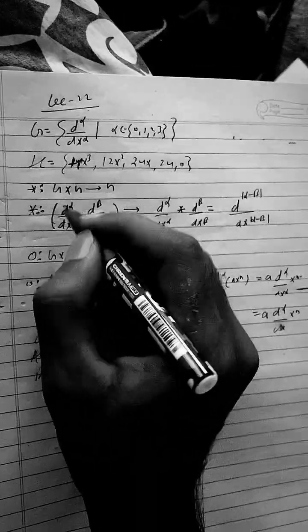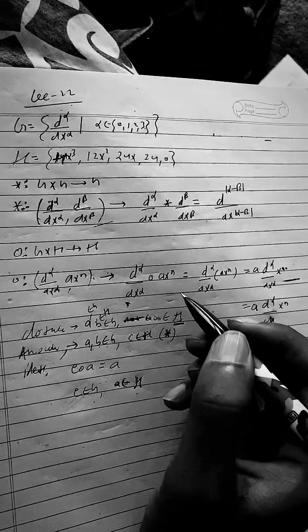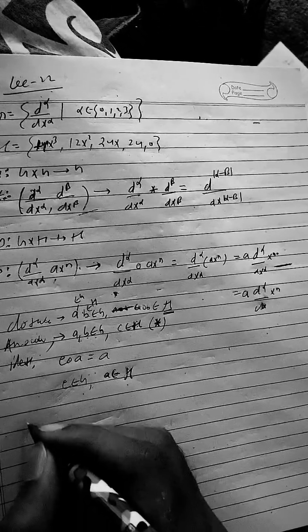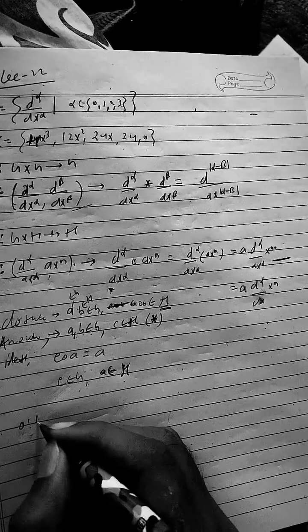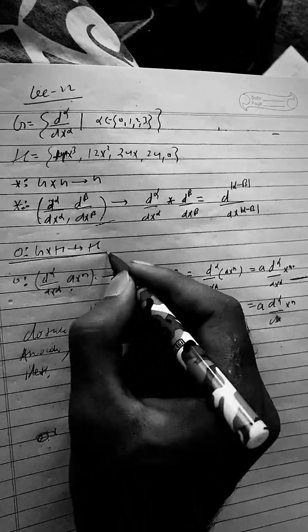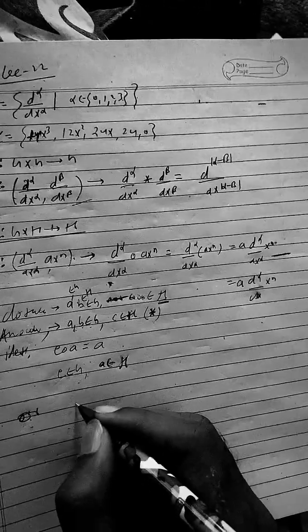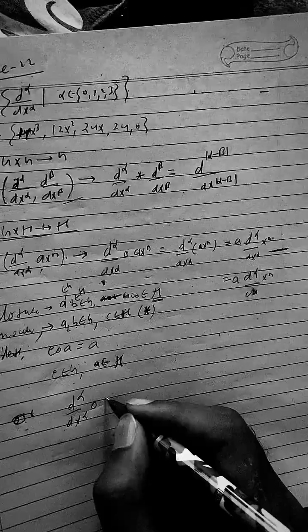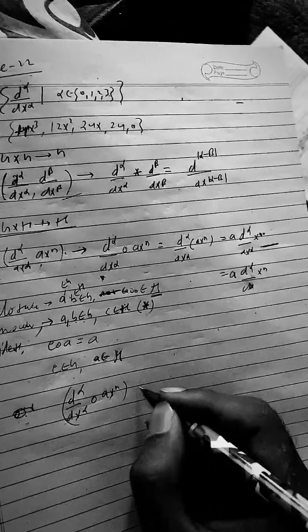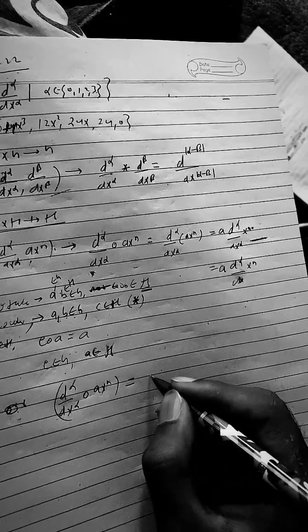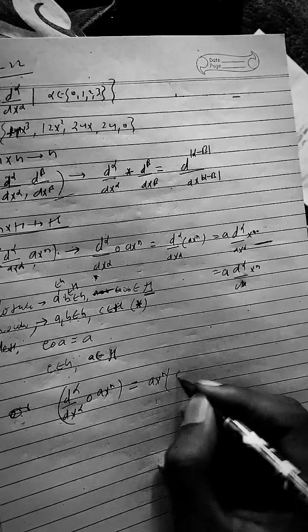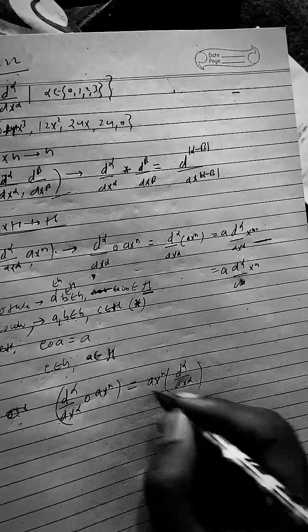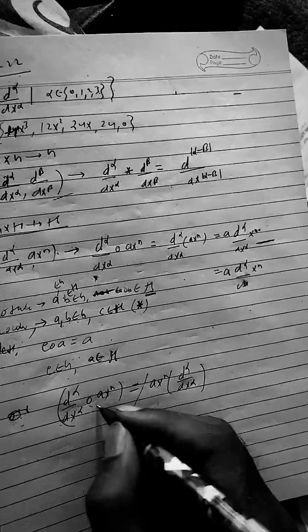Now what is commutative, then we have to check for this. What does commutativity mean for this kind of operation? We said O is G × H to H. Well, then G could be d^α/dx^α, and H could be ax^n. Now this has no meaning with the usual definition of whatever this operator is. So there is no associativity with respect to this.